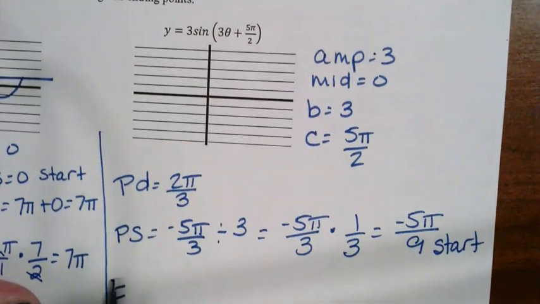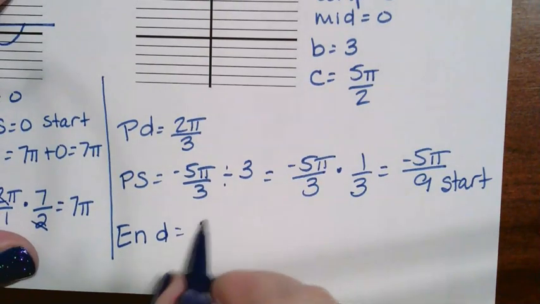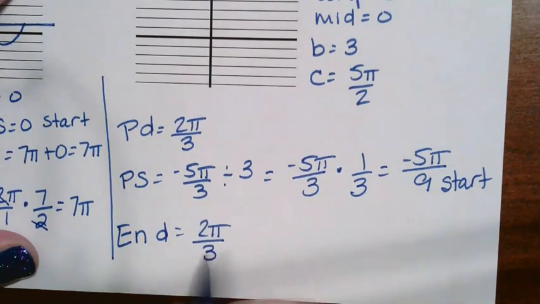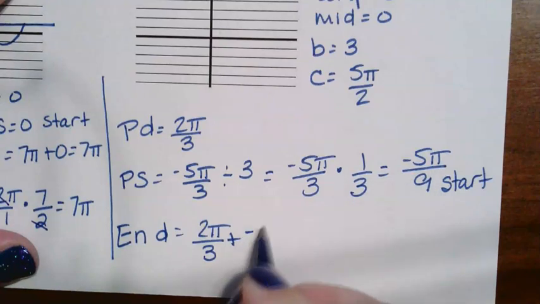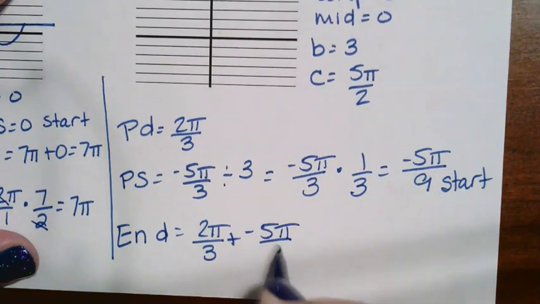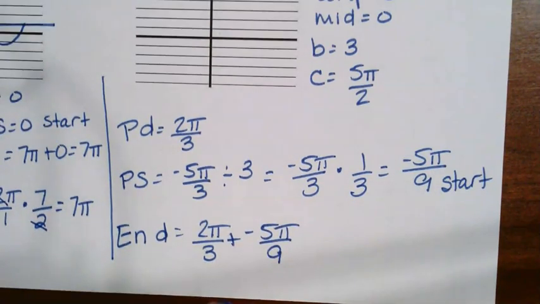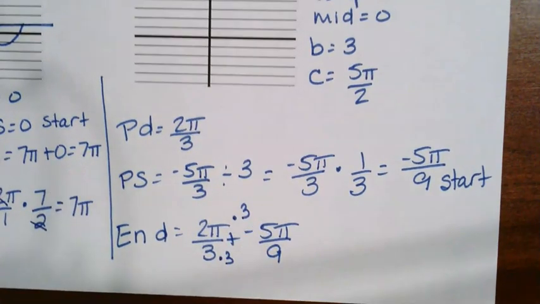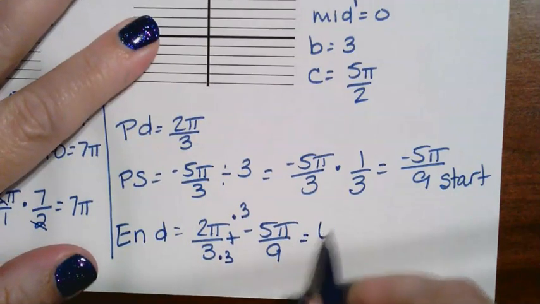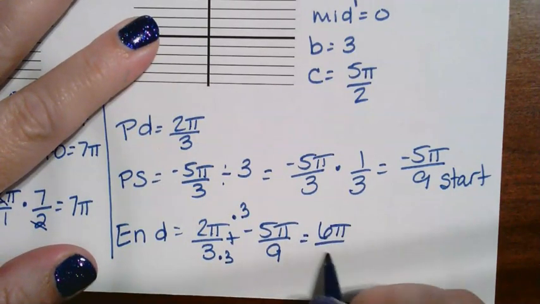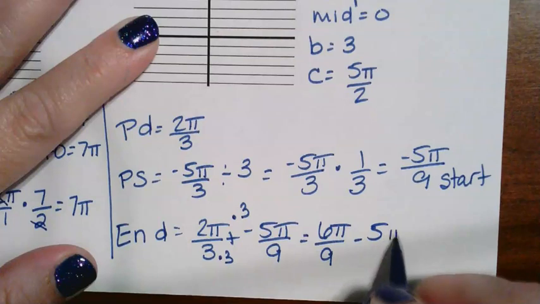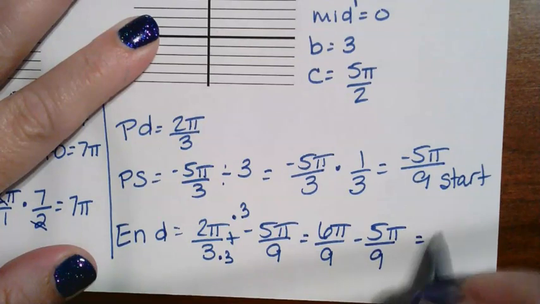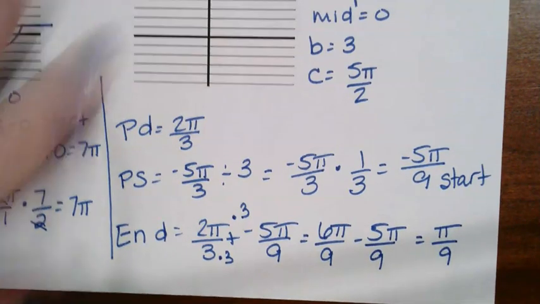End, period plus phase shift. Remember, in order to add, we must have a common denominator, so we're going to multiply by 3. So I get 6 pi over 9 minus 5 pi over 9, which is just pi over 9.